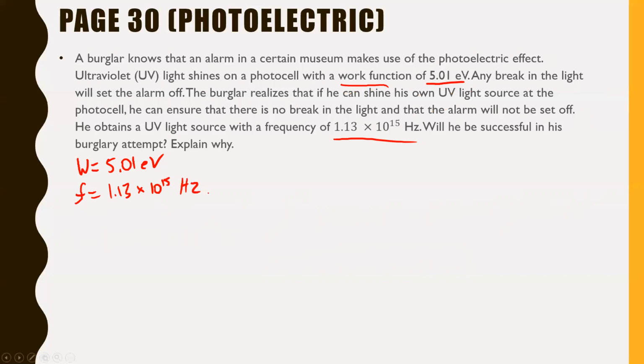In order for this burglar to be successful, this light needs to at least overcome this work function, okay? So think again, even in the last question we did, we said the energy is equal to hf minus your work function. Well, the very minimum amount will be so that we have an energy that's just zero. So 0 equals hf minus W, or in other words, W equals hf.